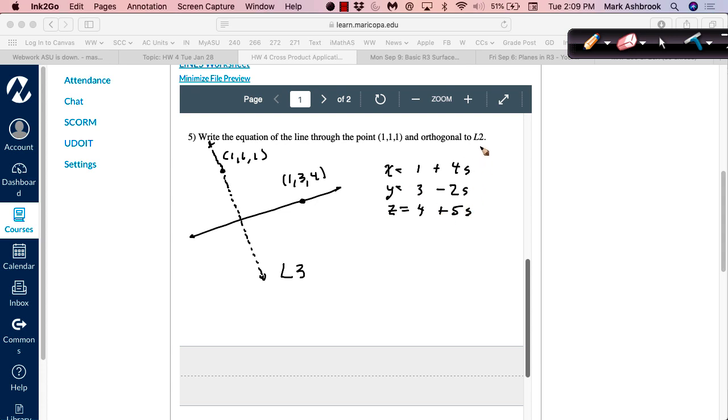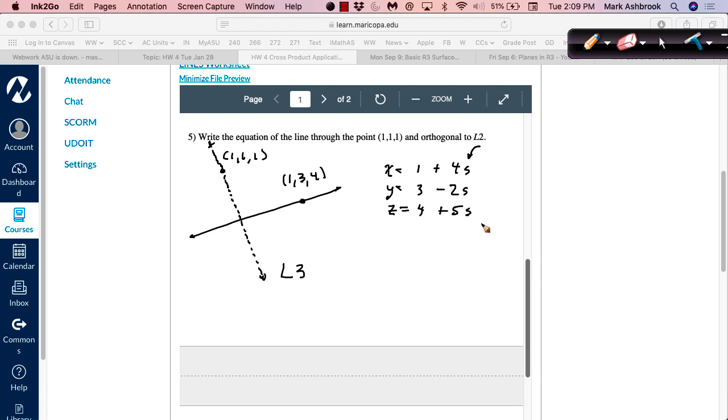You just pick any S you want. So you just pick different S's, right? I think you're talking about 4, negative 2, 5, the direction, and multiplying it by anything you want is picking values of S. Yeah, so picking values of S scales the 4, negative 2, 5 direction vector, and then generates points on the line.